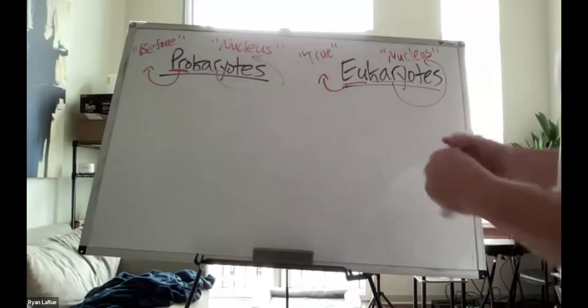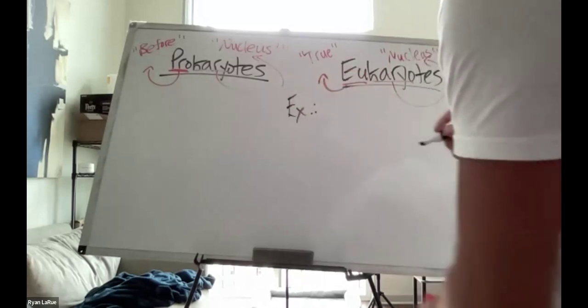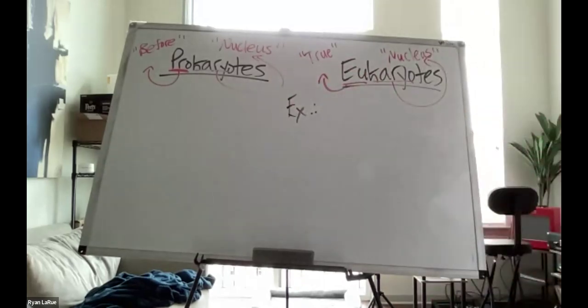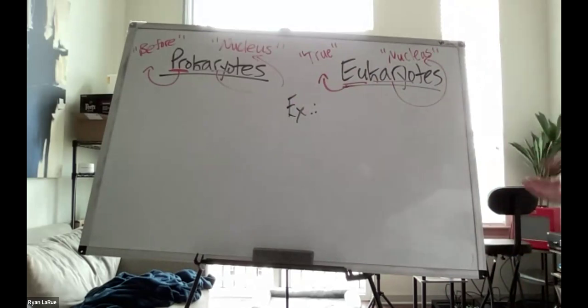Okay, well, examples of eukaryotes. I mentioned that all life on Earth, you're one of these two. You've got to just be one of the two. And so if bacteria and archaea are the prokaryotes, it must mean that everything else on Earth is eukaryotic.